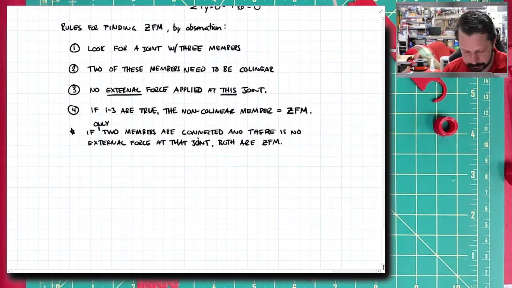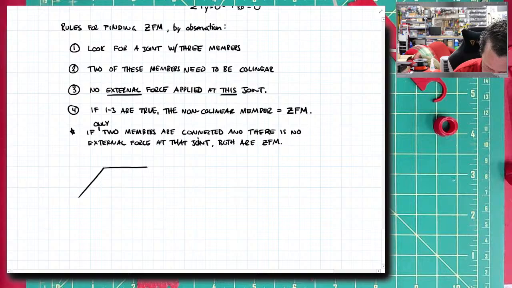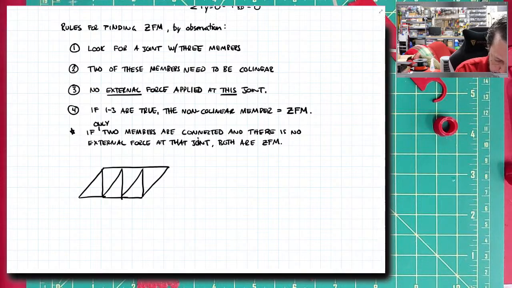So like this, if I have a truss and, I don't know, let's just draw some truss over here. This is our truss, we'll say. And we've got forces here, here, maybe something over here, something over here. This is our setup.